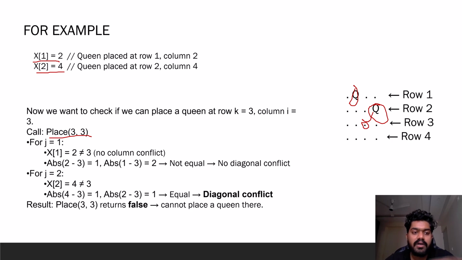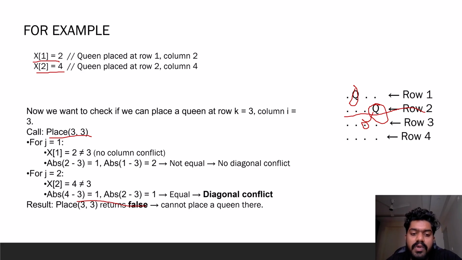Now x of 2, I mean the column number of the second queen, is 4 minus the column number of the present queen, that is 4 minus 3 is 1, and the row number of the second queen, that is second row, and the row number of the present queen that should be placed is 3. 2 minus 3 is minus 1, so it returns a positive number, that is 1.